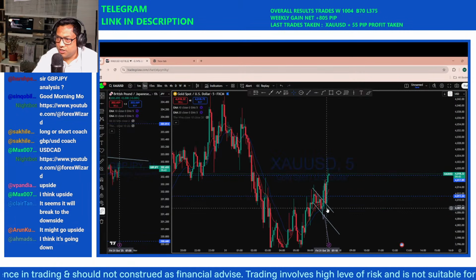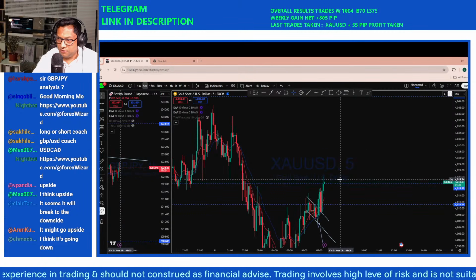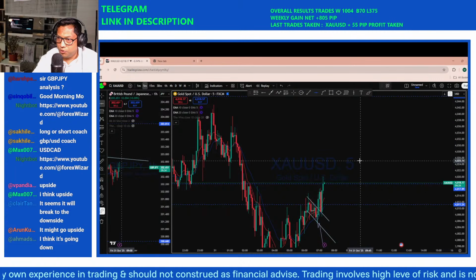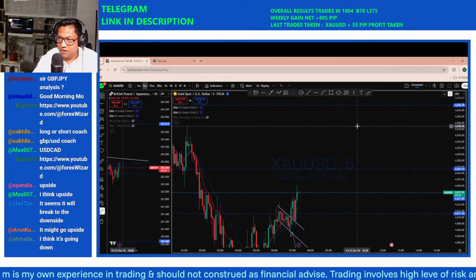As the market structure is maintaining this uptrending bias here, we could see the market continue to trend, possibly going back there and then continue to rise even higher.